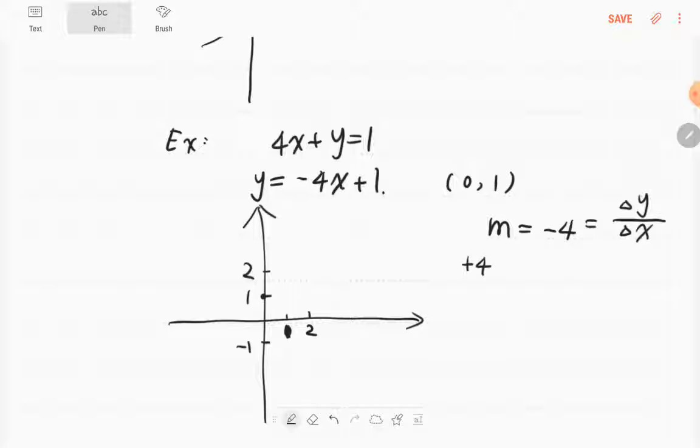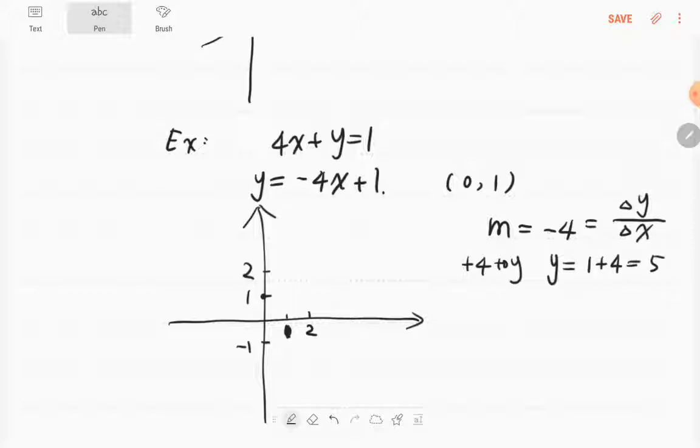Add 4 units to y, so our new y will be 5.